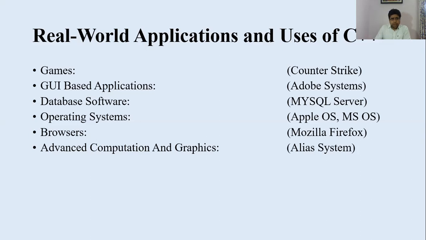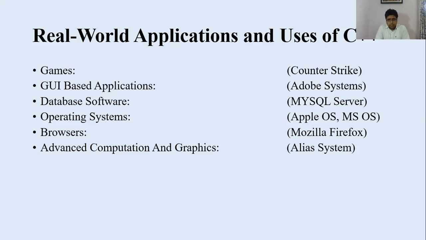Advanced computation and graphics is a very good stream if you have good knowledge of C++. If you want to excel and make your career in graphics, very great. Unfortunately, I'm not aware of this company that much, Ria System.